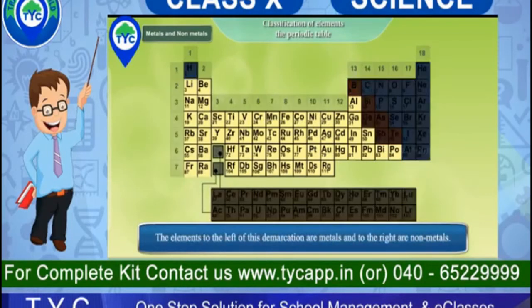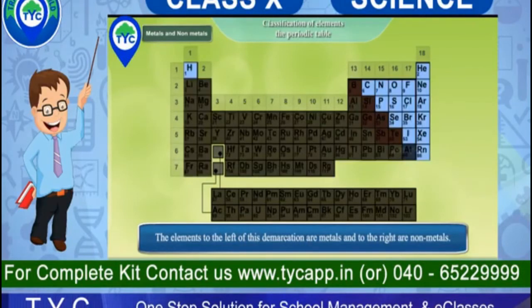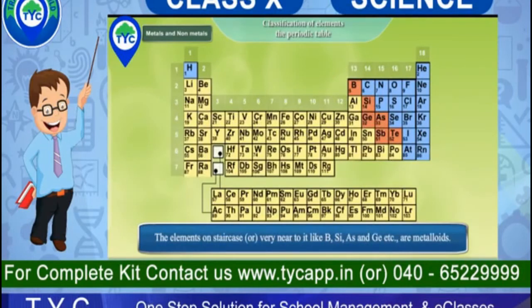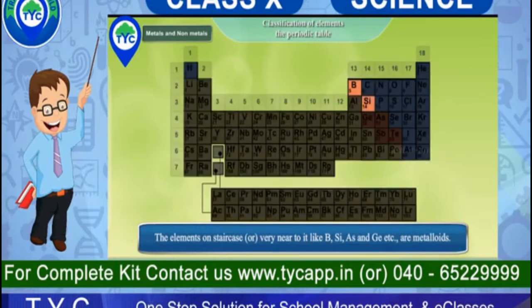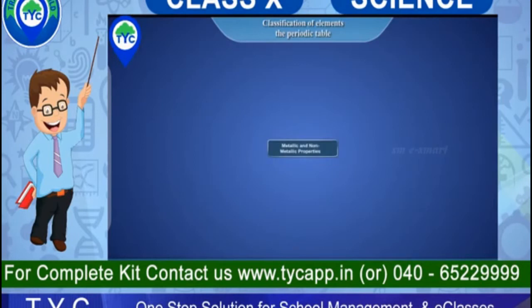The elements to the left of this demarcation are metals and to the right are non-metals. The elements on the staircase or very near to it like P, Si, As and Ge, etc. are metalloids.